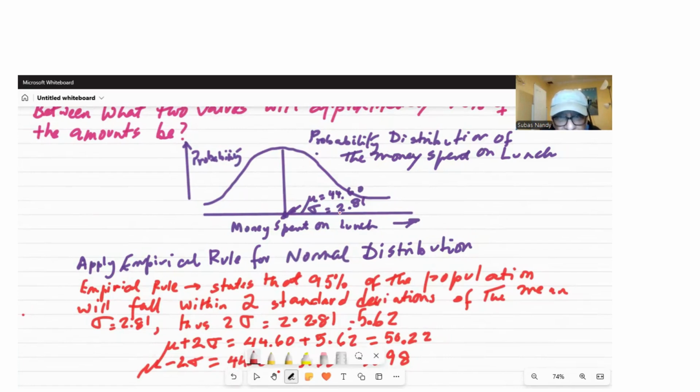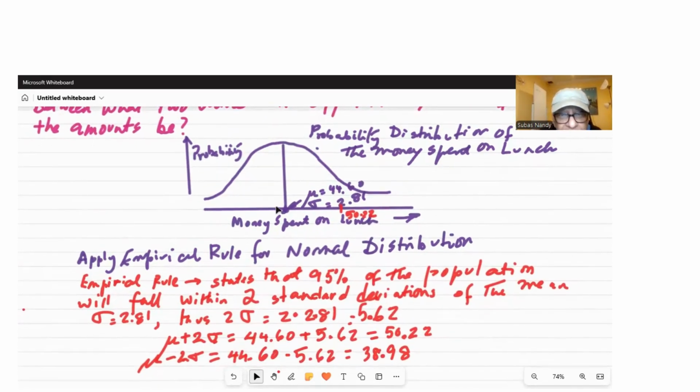So this is 50.22 on the horizontal axis, and the other point is 38.98, the same distance away from the mean on the left of the mean. Because that number is less than the mean, it is on the left of the mean by the same amount.